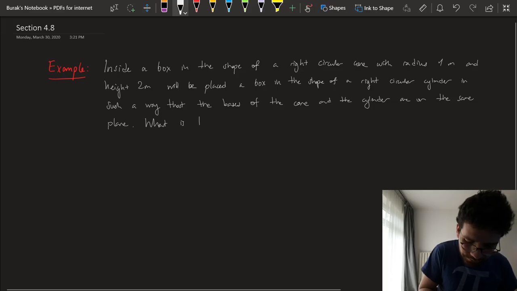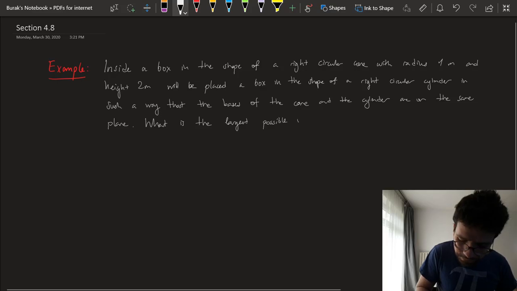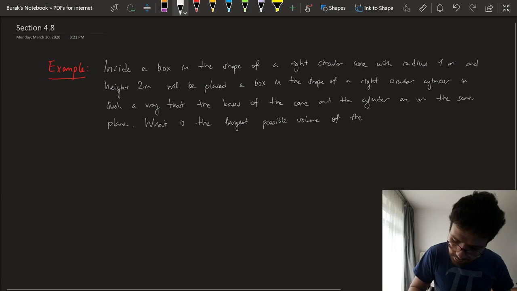What is the largest possible volume of the cylindrical box?